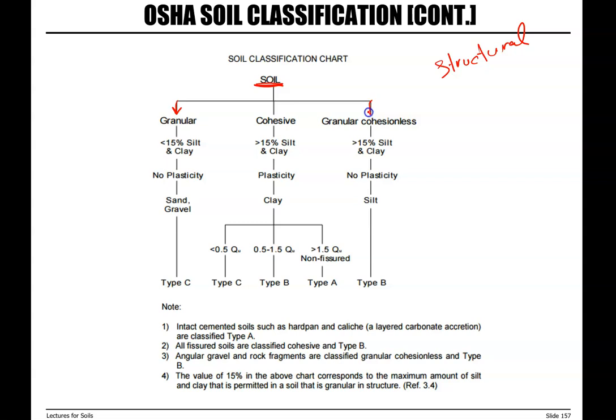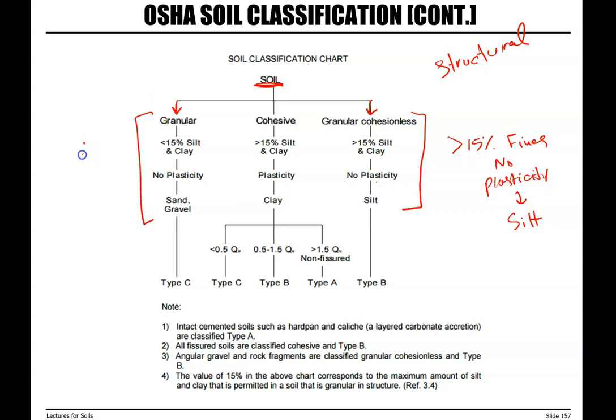If it has more than 15% fines with no plasticity, then it's granular cohesionless, or silt. So more than 15% fines, but fines with no plasticity. That is silt.